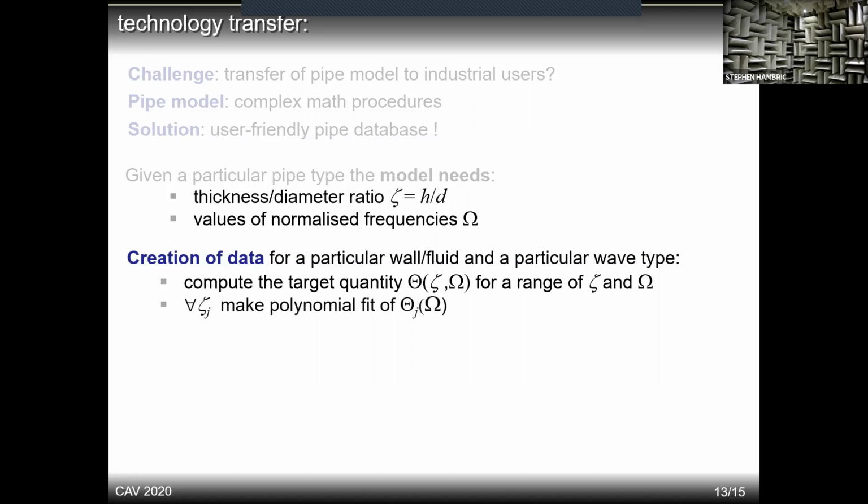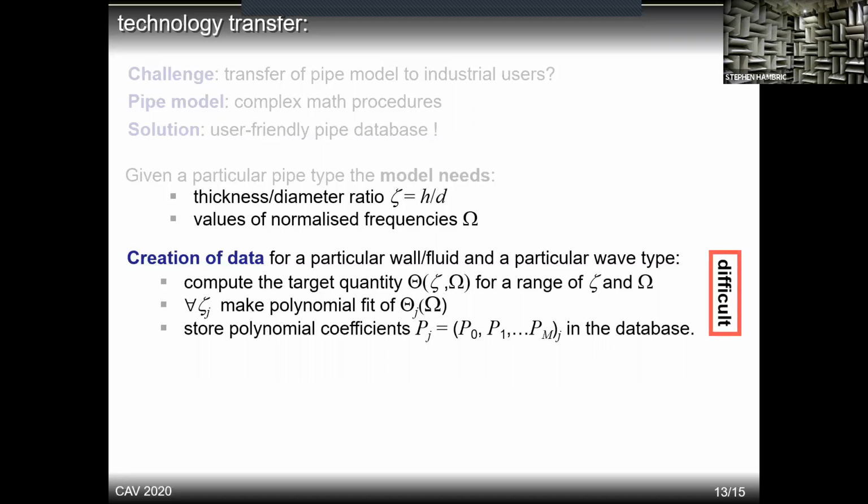Then for each zeta, each thickness to diameter ratio, we shall make a polynomial fit of this target quantity as a function of the frequency omega. And we shall store the polynomial coefficients we obtain in this way in the database. This is a difficult part of the work and has to be done by researchers.